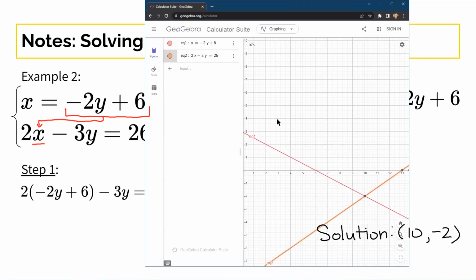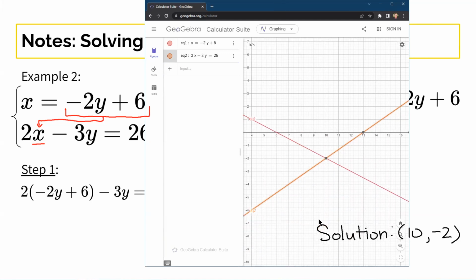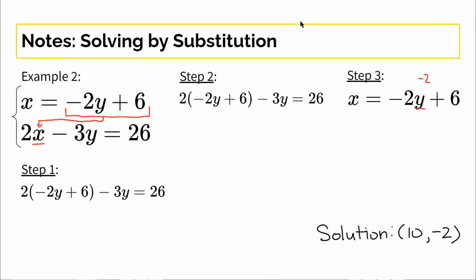So let's move our window over. I'm going to click on that point of intersection and 10, negative 2. So we did, in fact, do that correctly. Okay, so let's pull up that writing again, just to remind you of what your solution should look like.